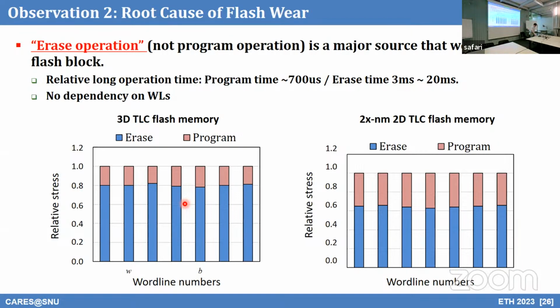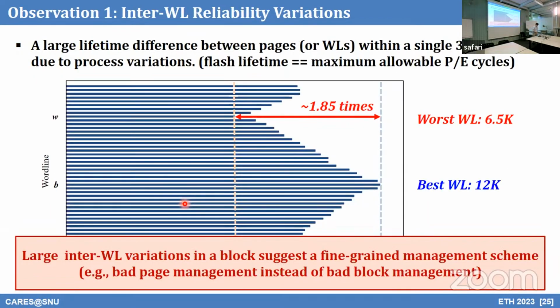So the whole direction we are trying to show in guarded erase approaches is, for example, this worst word line. Okay, it dies after 6.5K erase cycles, and we want to make this word line live longer. So the main strategy is that we erase this word line when appropriate. We erase this word line with a low stress erase mode. So we designed a low stress erase mode.